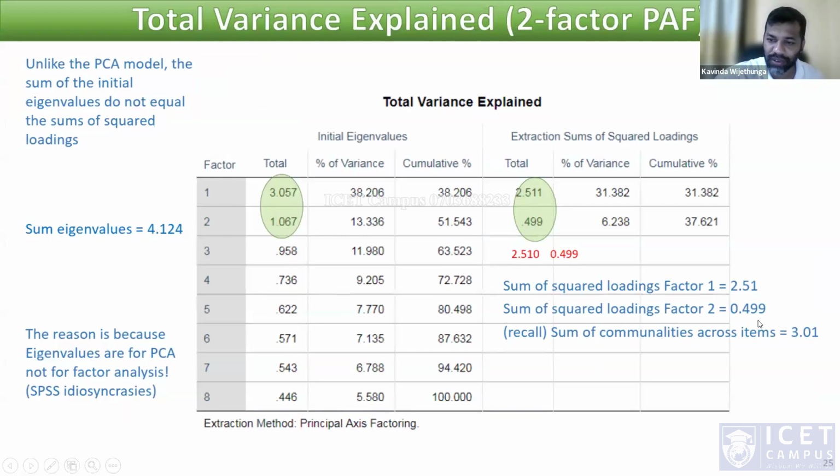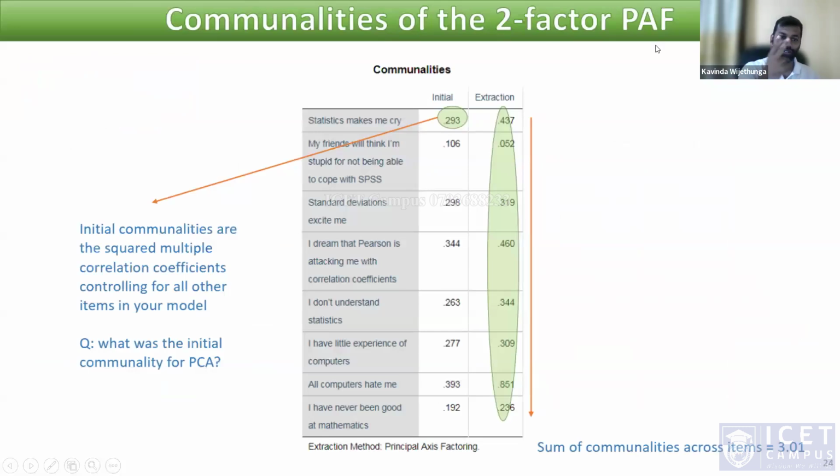So the sum of the communalities across all these items is 3.01. Then this is principal axis factoring used for two factors.